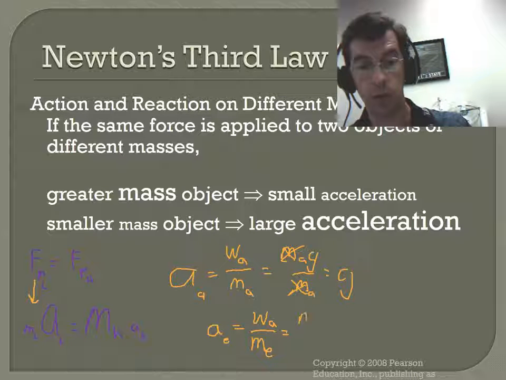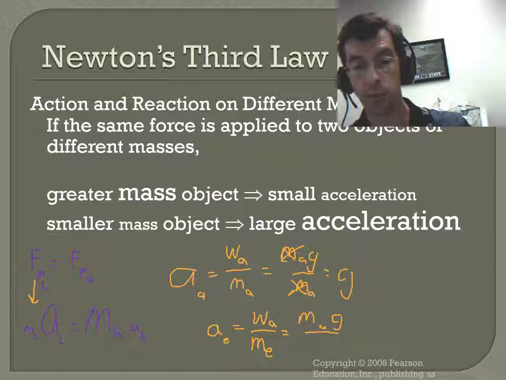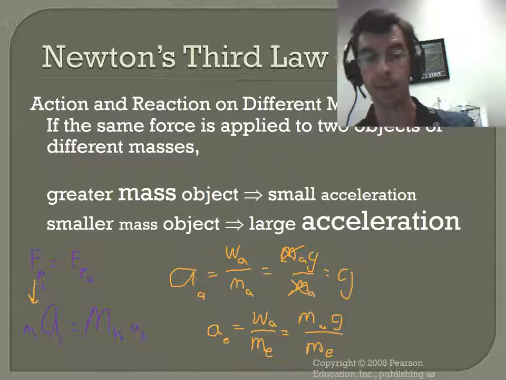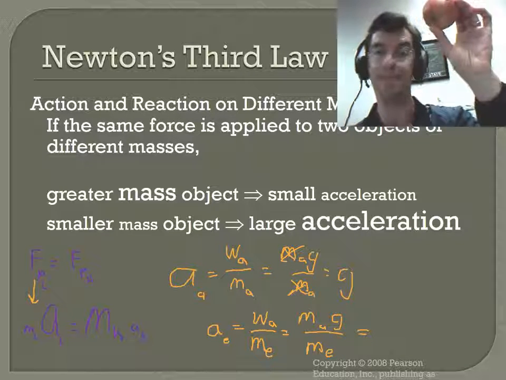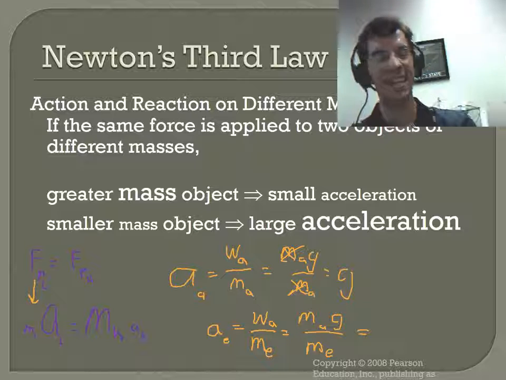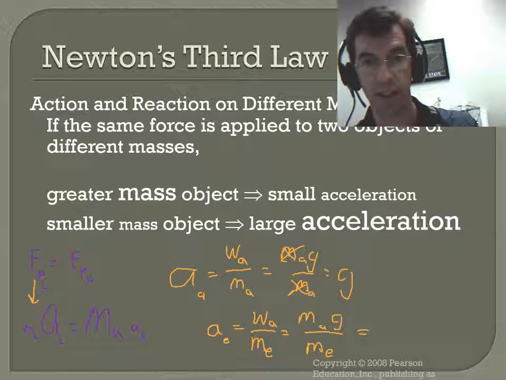And so we rewrite the weight of the apple as mass of apple times g. But now notice we're not dividing mass of apple by mass of apple. We're dividing the mass of the apple by the mass of the Earth. And you can figure out the mass of the apple compared to the mass of the Earth is such a tiny fraction.